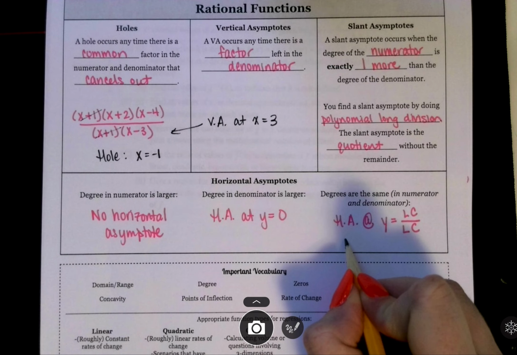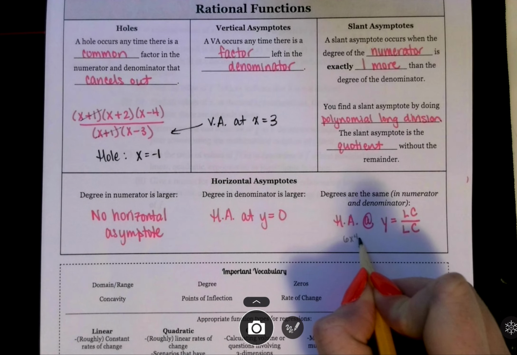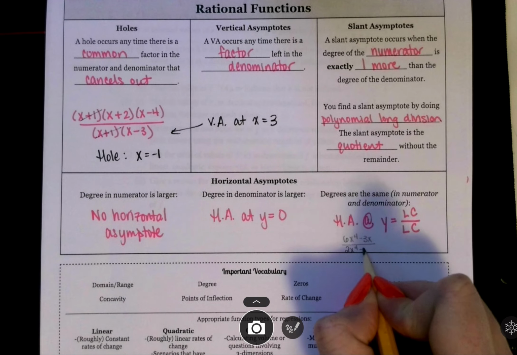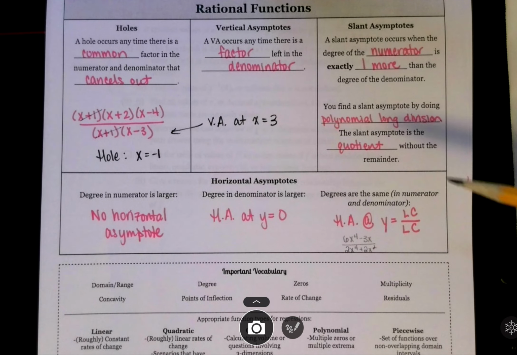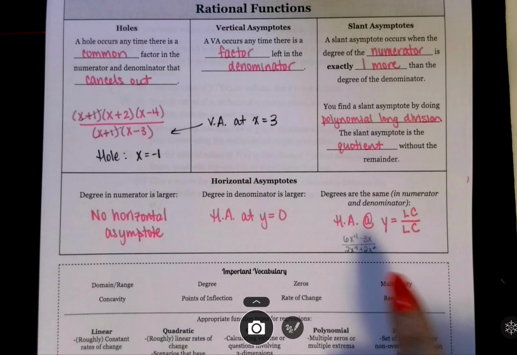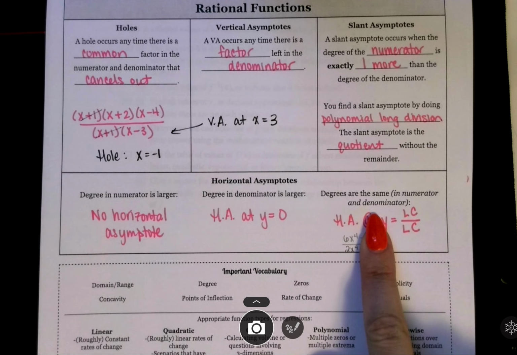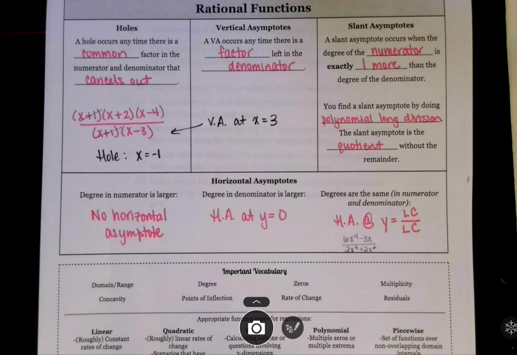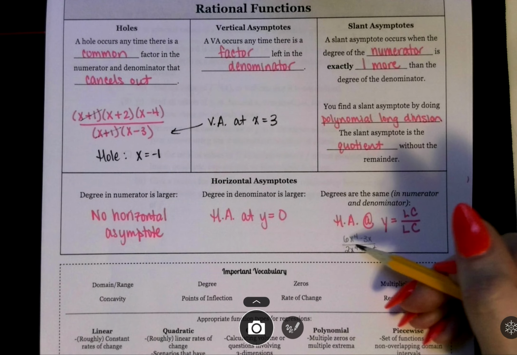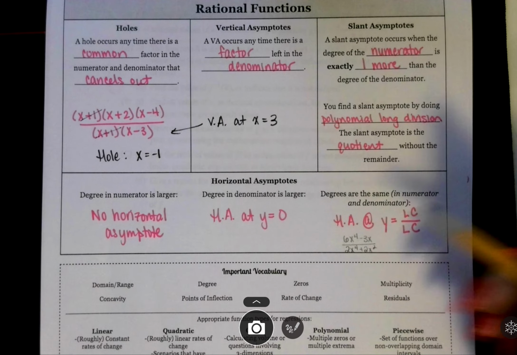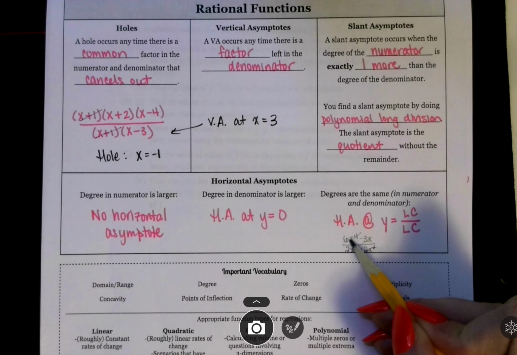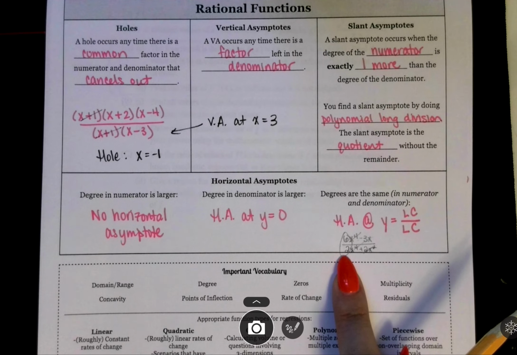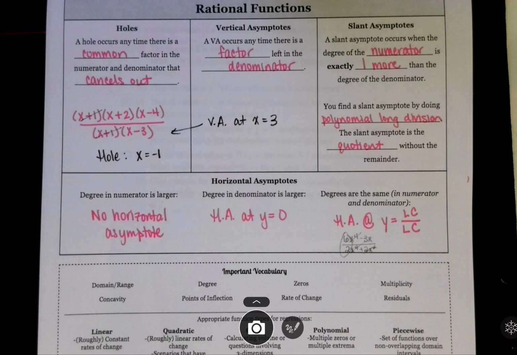If I had like 6x to the 4th minus 3x over 2x to the 4th plus 2x squared, I kind of think of it as I don't pay attention to the smaller terms because the larger terms with the larger exponents will dominate what's happening. If you want to think of it as like x to the 4th will cancel out x to the 4th, these kind of go away, and so I'm just looking at 6 over 2, so I would have a horizontal asymptote at y equals 3. That's kind of how I remember it.